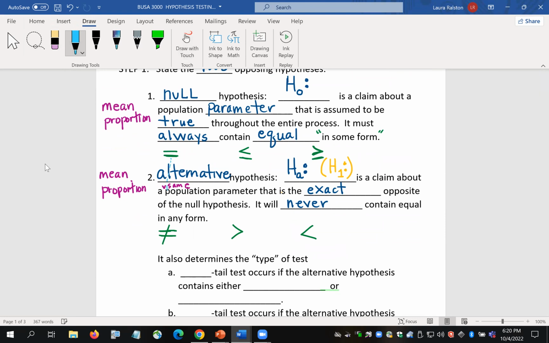Equal will always pair with not equal. Less than or equal will always pair with greater than. And greater than or equal will always pair with less than, again, because the null and the alternative are opposites of each other.